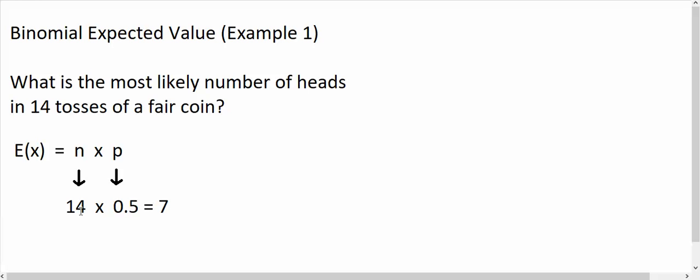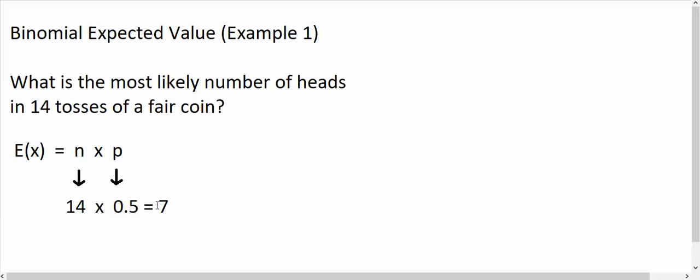And the probability of a boy during each of those births would be 0.5 because every time a child is born, there's a 0.5 probability of a boy, which means it would be 20 times 0.5, which would be 10. So the expected value would be 10. And that just means that in 20 childbirths, the most likely number of boys is 10 out of 20. And once again, that's just half, like it is here.